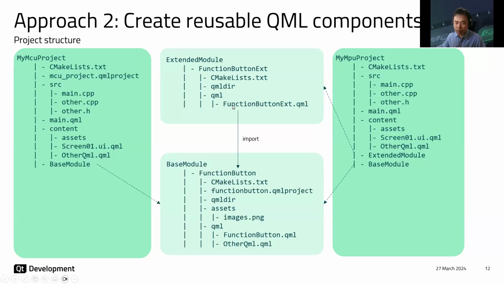For example, you can add a shader effect that is not available for MCU, but is available for MPU projects. And here the CMake list is again for the MPU project.